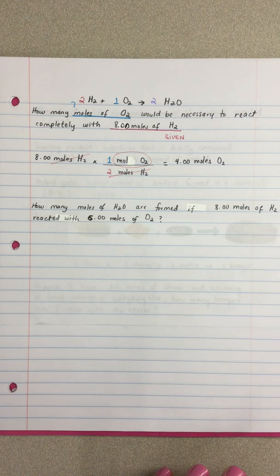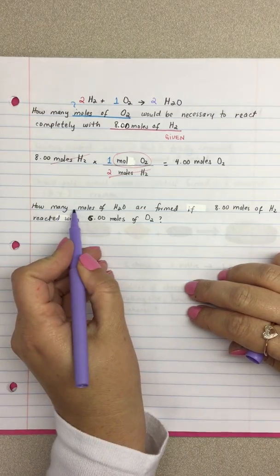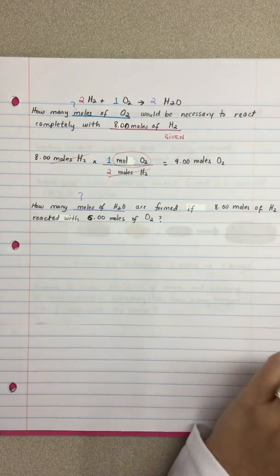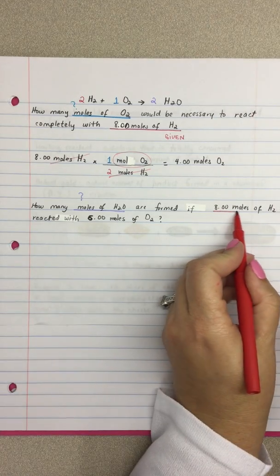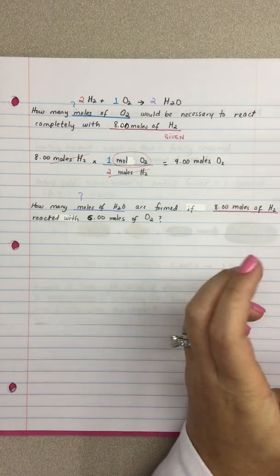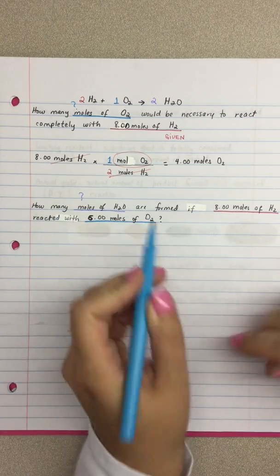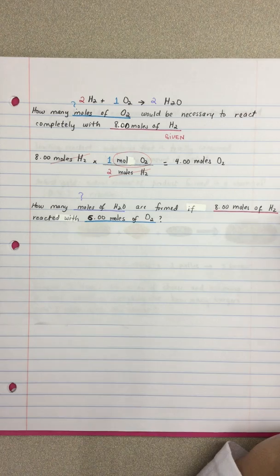But in this one, you want to know how many moles of water you can get if you have 8 moles of H2 and 6 moles of oxygen.